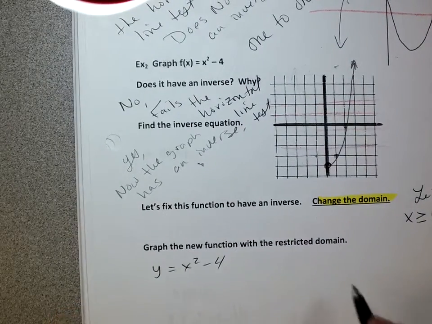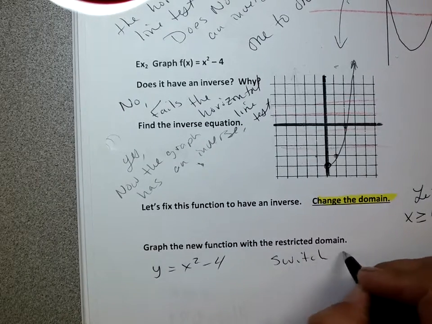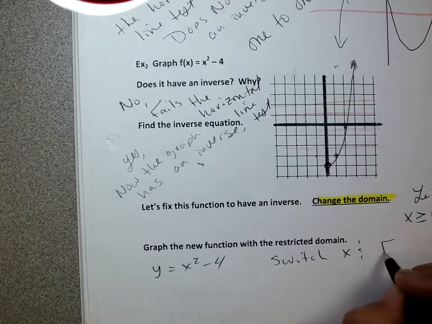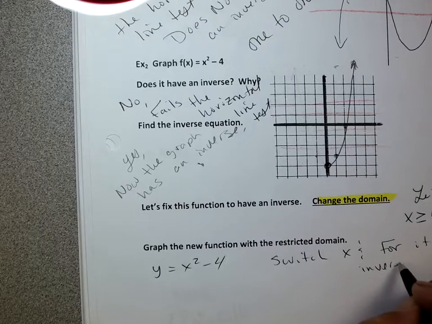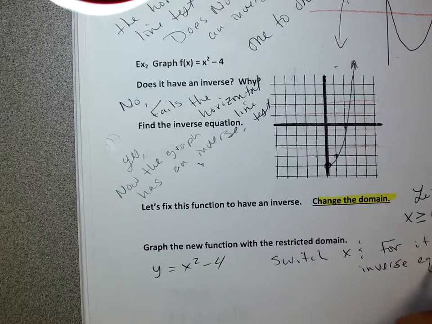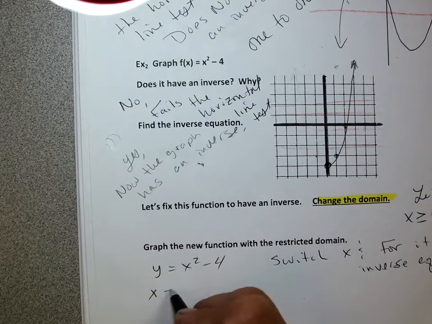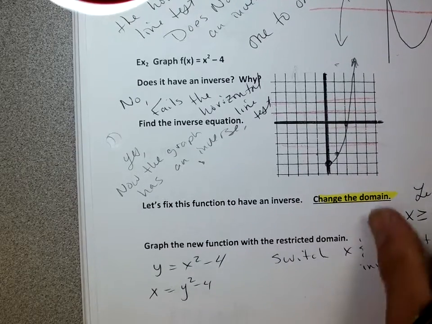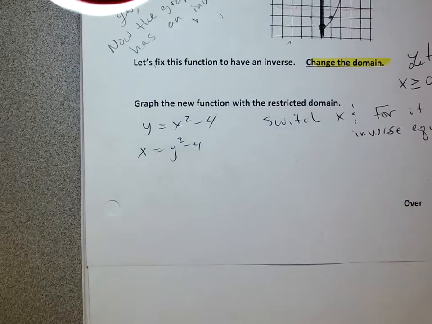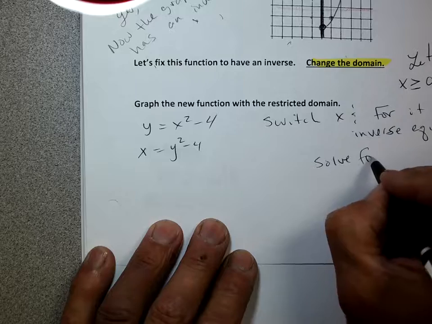But to find its inverse, we're going to switch x and y for its inverse equation. So instead of y equals x squared minus 4, I'm just going to go, x equals y squared minus 4. I just switched it. And then I'm going to solve for y.